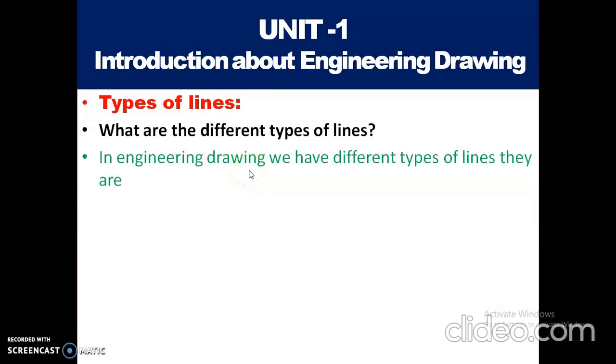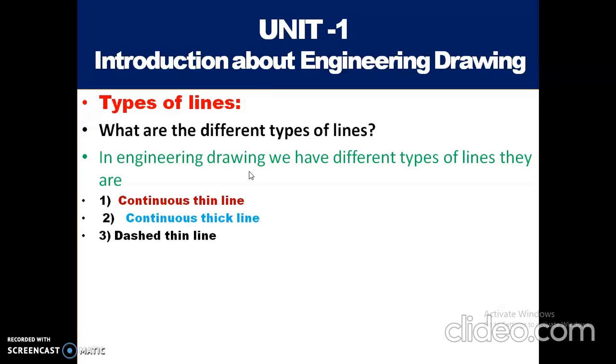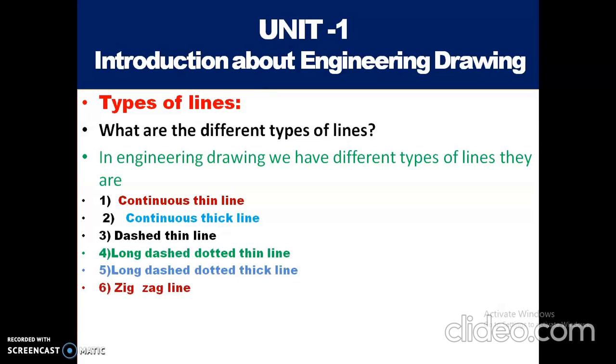They are continuous thin line, continuous thick line, dashed thin line, long dashed dotted thin line, long dashed dotted thick line, zigzag line, and the last one is continuous thin freehand line. We have already discussed these lines in the second class.